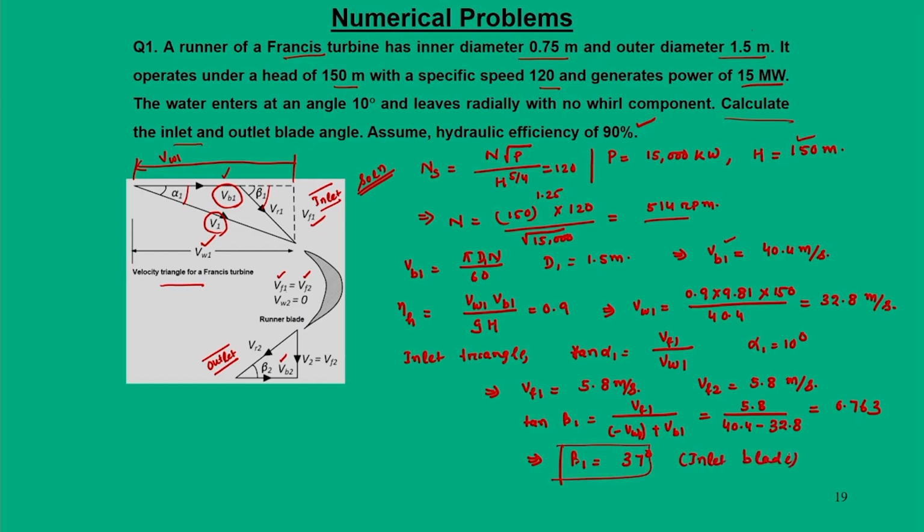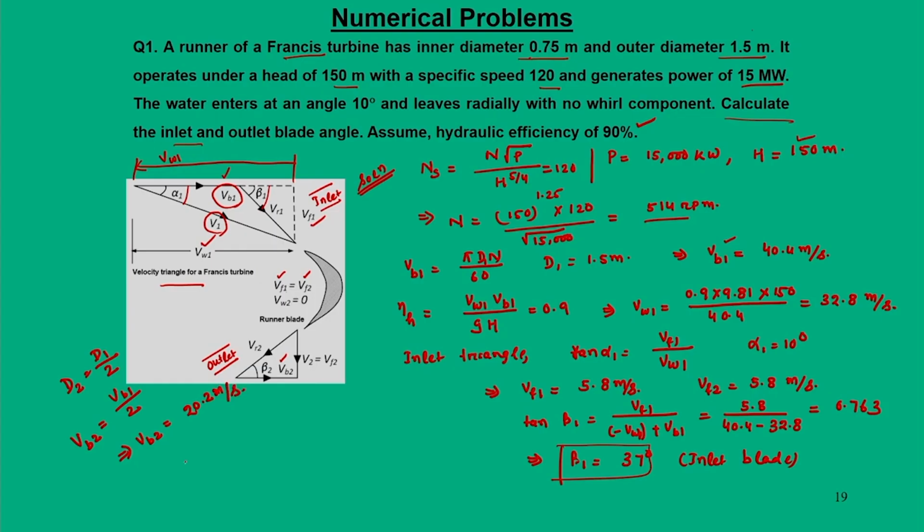Now, for outlet blade angles, we have to say Vb2, and it is exactly half of this. So, we can say Vb2 is Vb1 by 2, because D2 is equal to D1 by 2. So, Vb2 now becomes 20.2 meter per second.